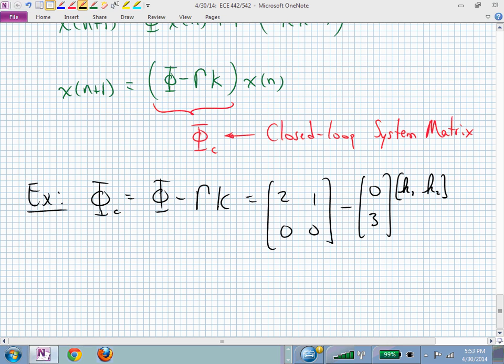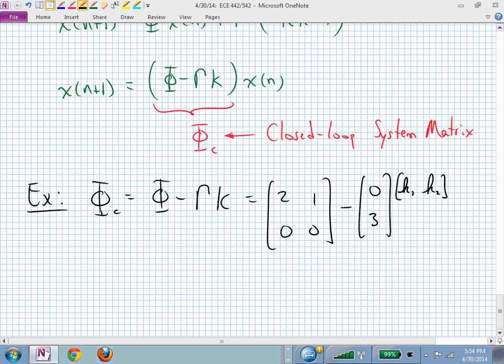But you can now see, I hope, where these K's are going to come into play in this 2 by 2 matrix. None of them are going to be adjusting the top row because they're being scaled by 0. The bottom entries will be scaled by 3, and you'll now have independent control over the 2, 1 entry and the 2, 2 entry in that closed loop system matrix.